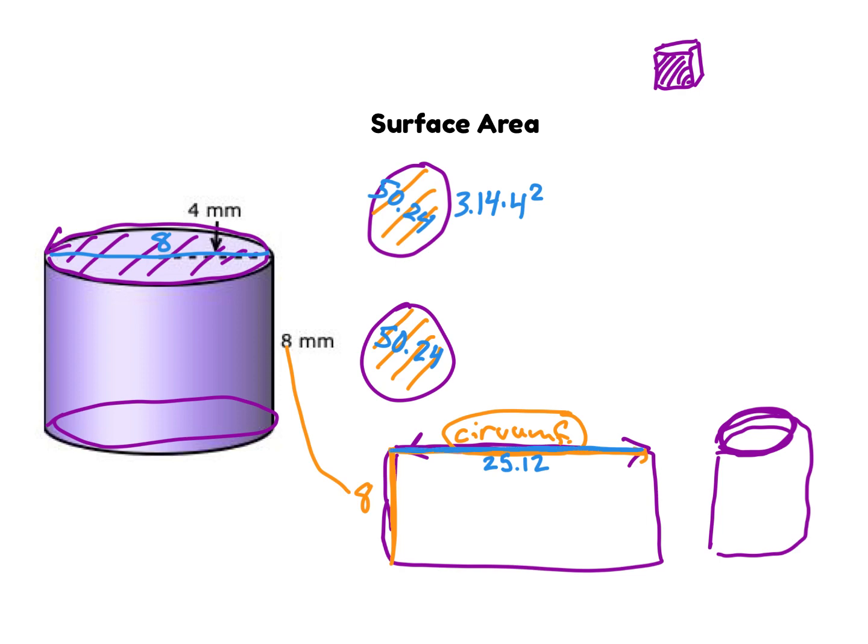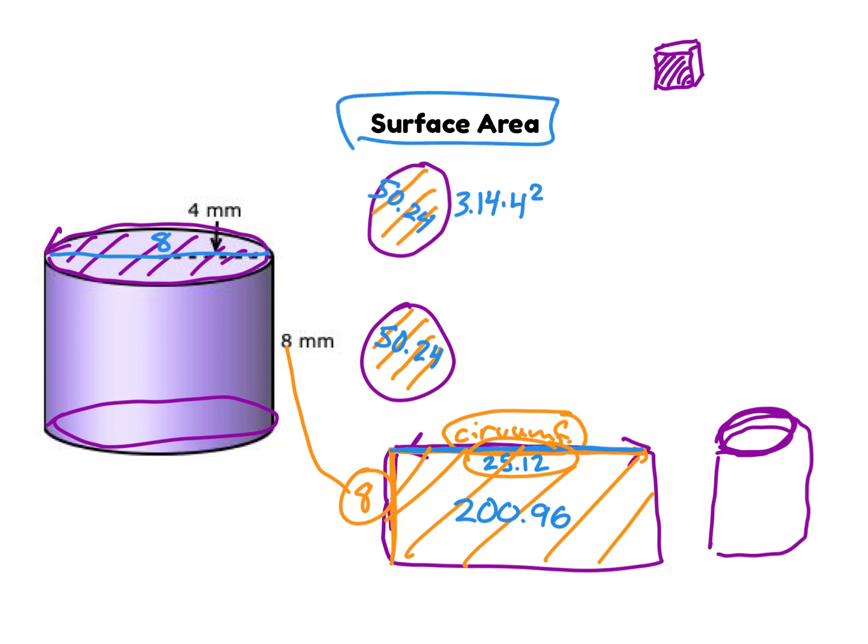And I'm going to multiply that times 8, and that gives me this area that's inside here. Okay, so what I did was I took the 25.12 times the 8, and I got 200.96. So then I'm going to take all of my areas, because surface area would be every surface put together.